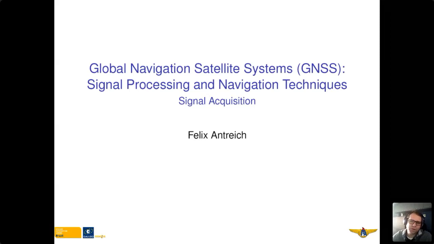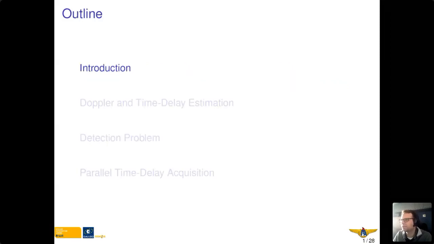We will focus on one specific method to do the acquisition, but I will mention the names, or at least the categories, of the other methods. We have a short introduction on receiver processing as an overview. Then we do Doppler and time delay estimation.